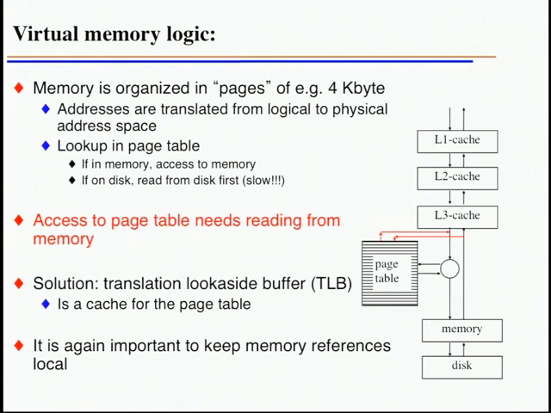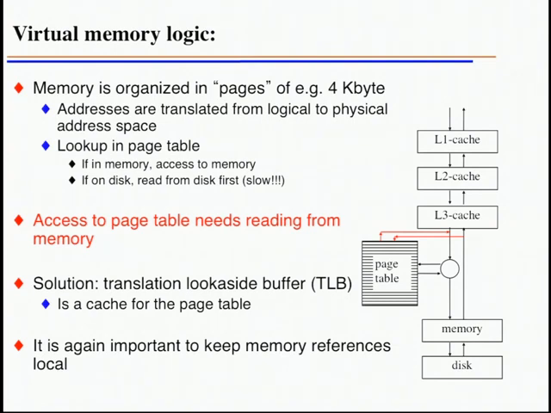And now you have this hardware translation of logical virtual addresses into physical address space. That translation is done with the so-called page table. It's a huge table, and you have one table for each program running. And so this address here refers to this page in your memory.